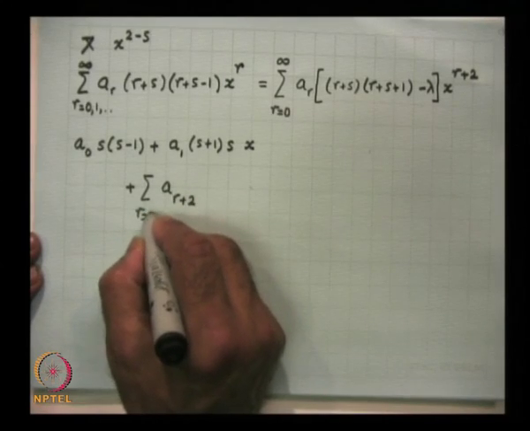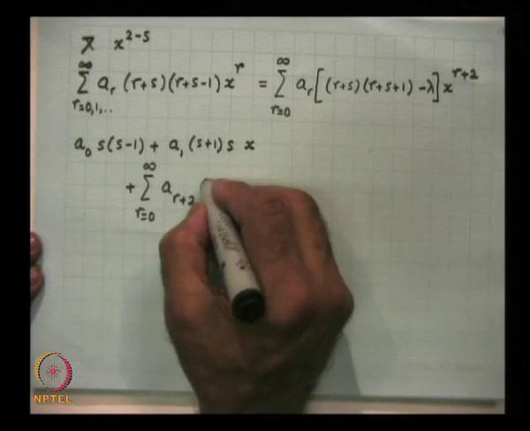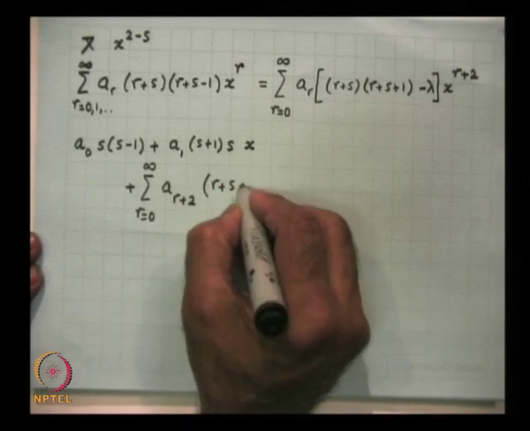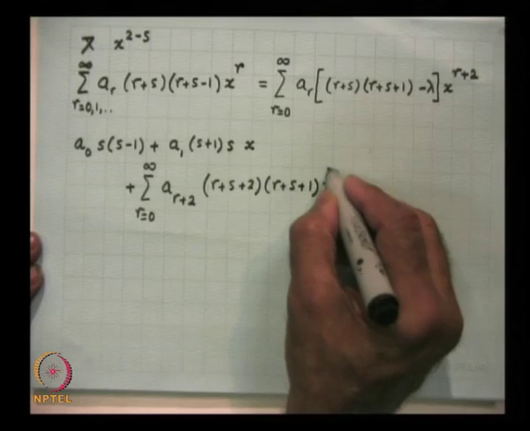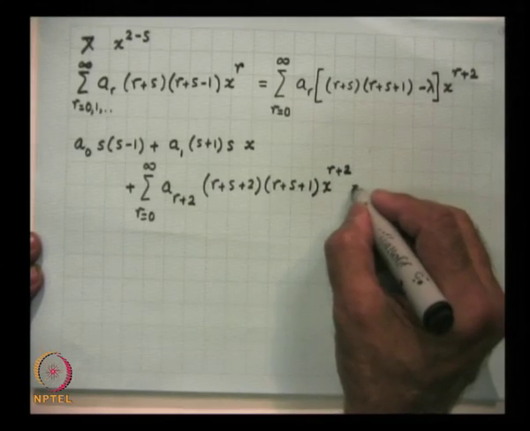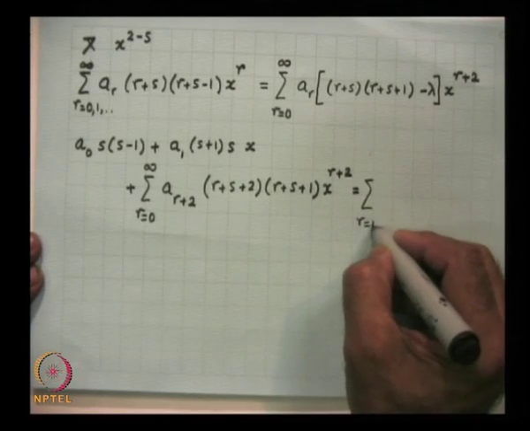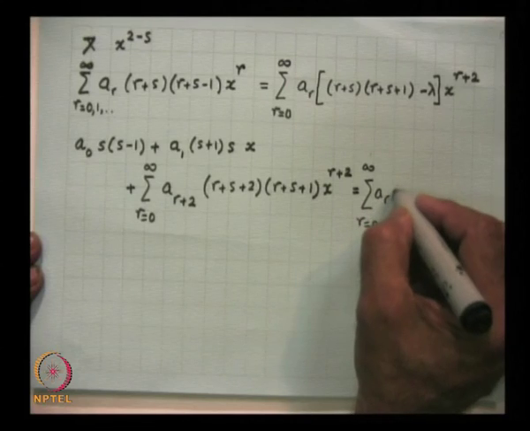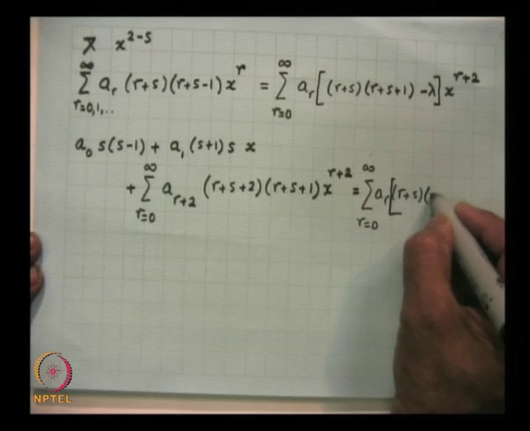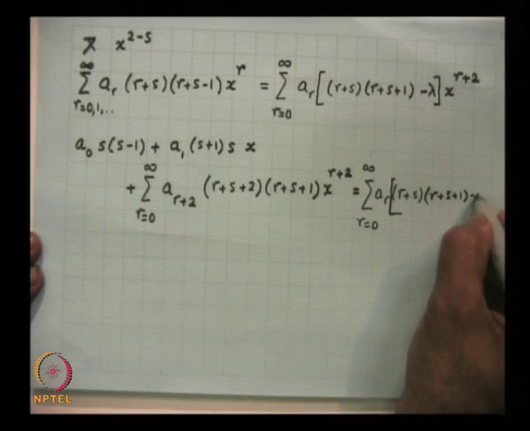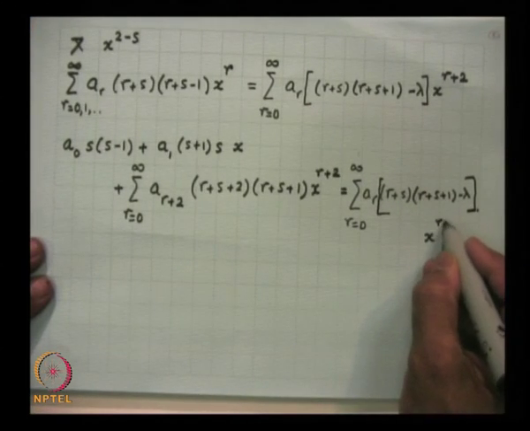So, then r goes from 0 to infinity. You see, I have taken out the first two terms outside. So, r plus 2, that means r plus s plus 2 and r plus s plus 1, x to the power of r plus 2. This is equal to the same as written above, that is summation r equal to 0 to infinity a_(r plus s), the same term within brackets, r plus s plus 1 minus lambda, multiplied by x raised to the power of r plus 2.